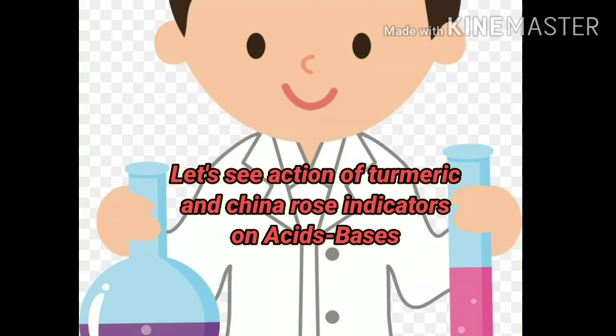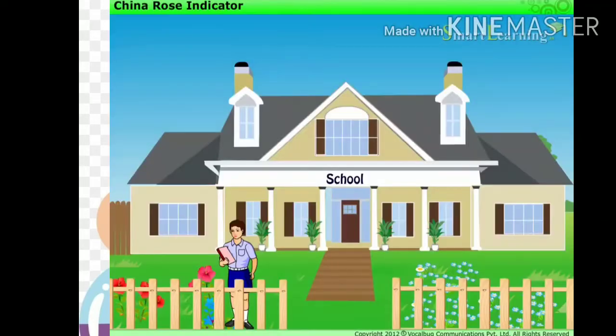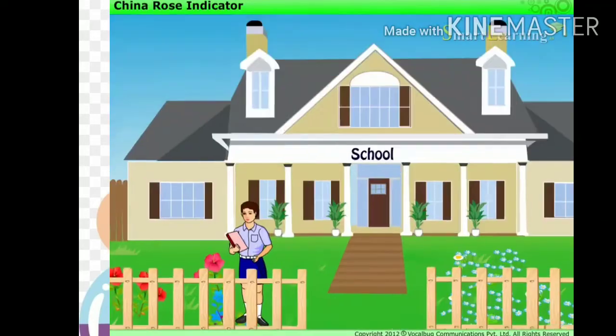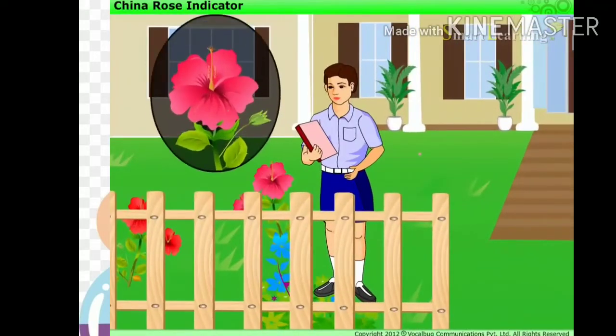Now let's see the action of natural indicators like turmeric and China rose on acids and bases. China rose indicator. This is a China rose. I know how to prepare its indicator.